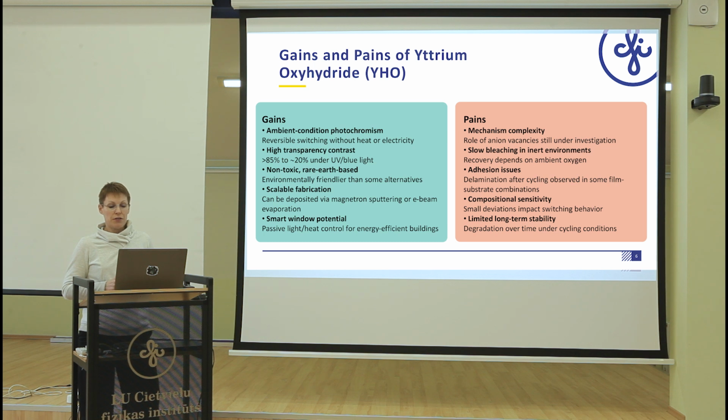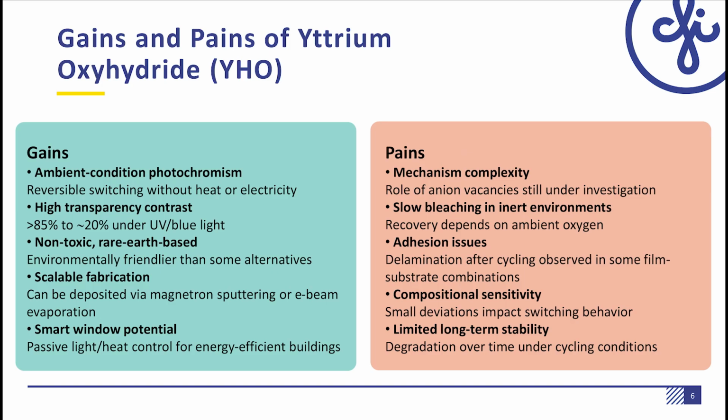But still we have some problems with this material, some challenges. For example, its switching mechanism is still not clearly understood. Its bleaching is slower in an oxygen-free environment, which limits its recovery. And it also has problems with adhesion.